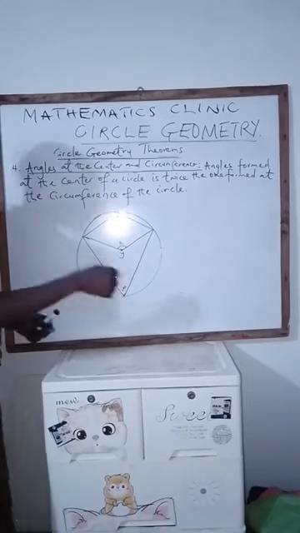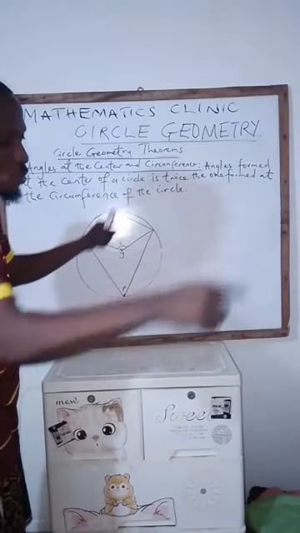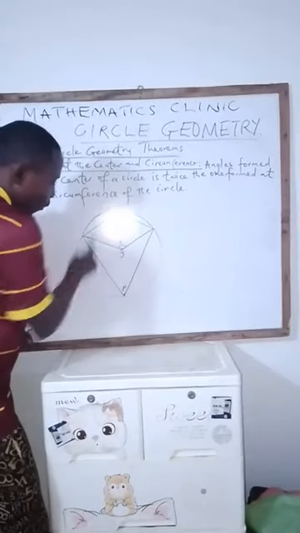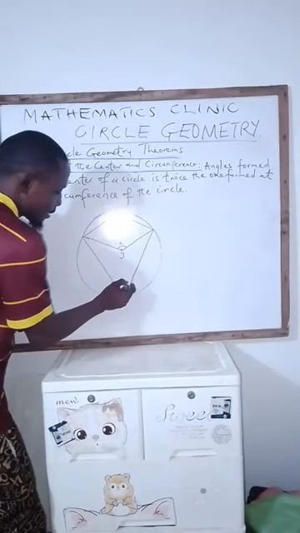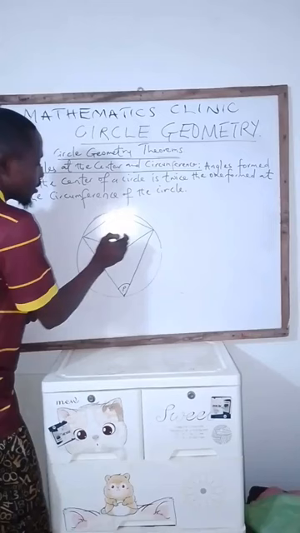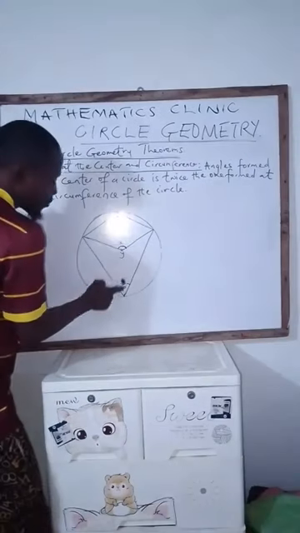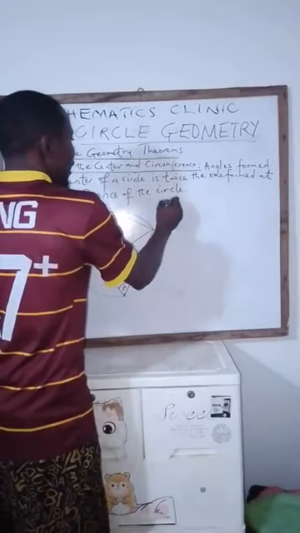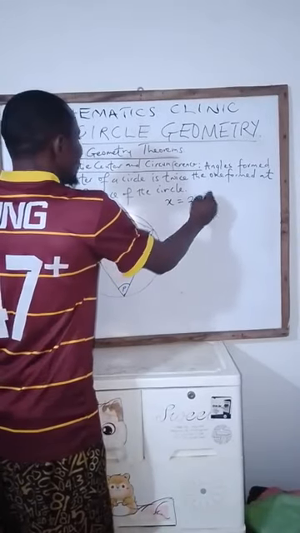Remember I said circumference is the total length surrounding a circle. So the angle formed here, that is P, 2 times P is equal to X. That is what the theorem is saying. X is equal to 2 times P.